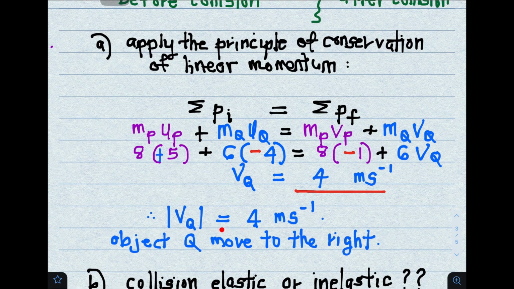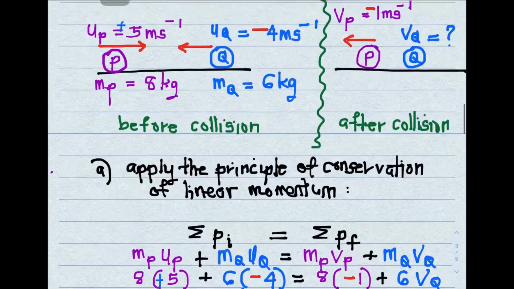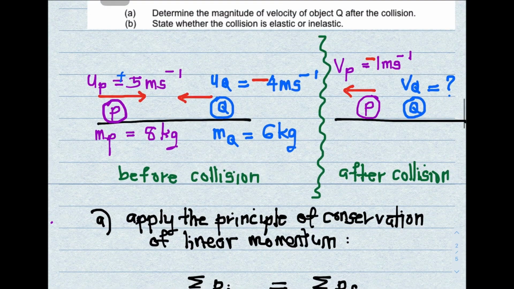So we know that the object Q here will move to the right. Therefore, in the diagram, you can label the direction for the object Q, where it will move to the right.